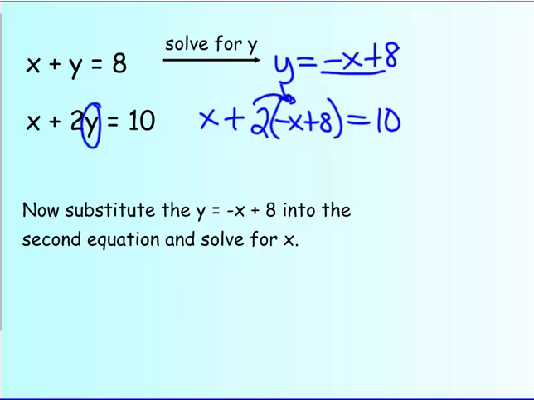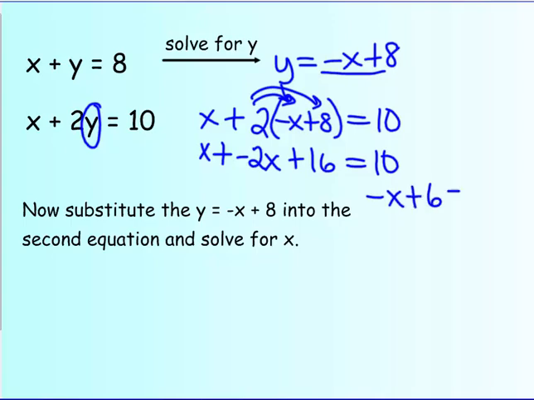So I have to distribute: x plus negative 2x, and 2 times 8 is 16, equals 10. Combining like terms, negative x, plus 16 equals 10.